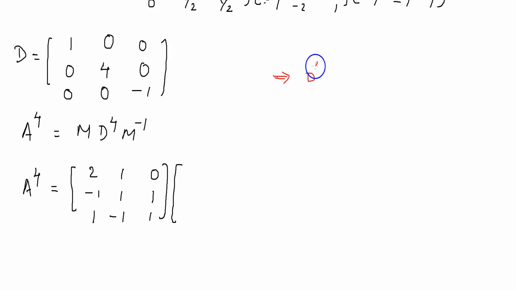D raised to 4 is equal to 1 power 4 equal to 1, 0, 0, 0, 4 power 4 equal to 256, 0, 0, 0, minus 1 whole raised to 4 equal to 1.